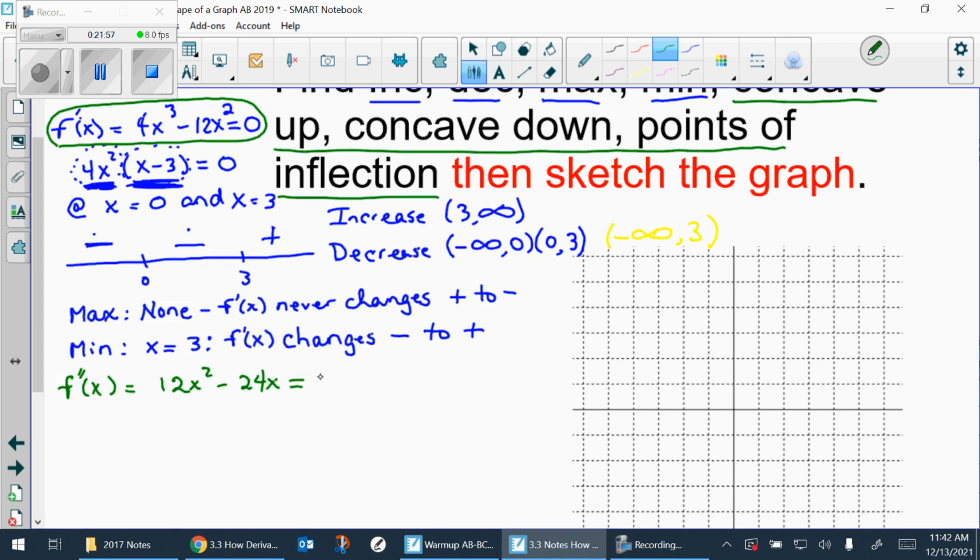I'm interested in finding the critical values of that, so I'm going to set that equal to 0. And again, I'll probably factor out a 12x times x minus 2. I want that to equal 0. And I know that that is equal to 0 at x equals 0 and at x equals 2.